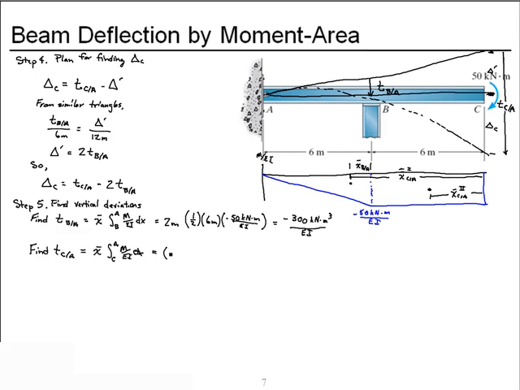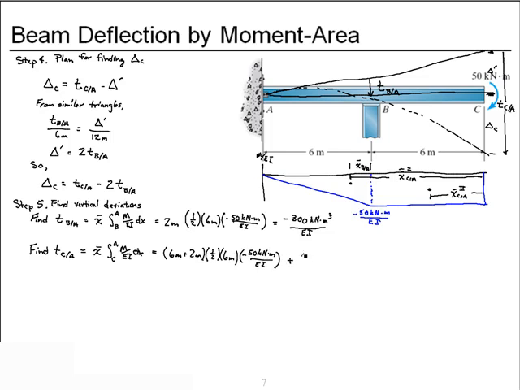So we have x bar to segment 1 is the 6 meters plus the 2 meters. Then the area of the triangular region, the 1/2, 6 meters times negative 50 kilonewton meters over EI.